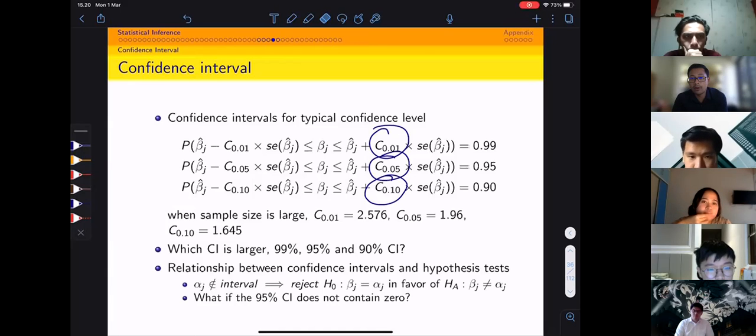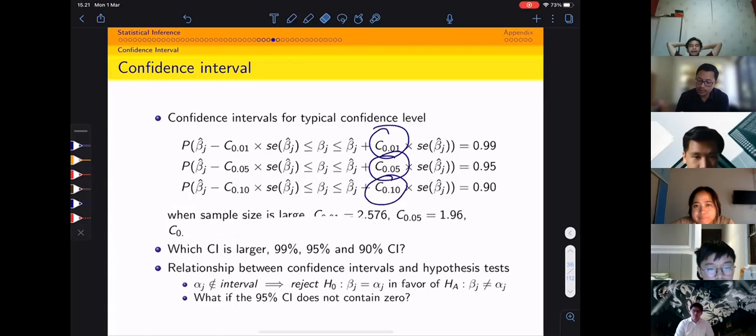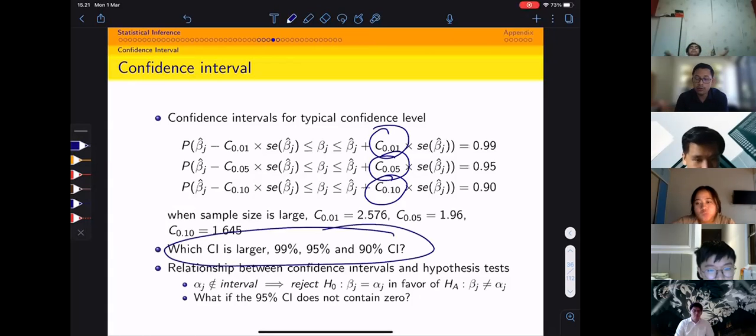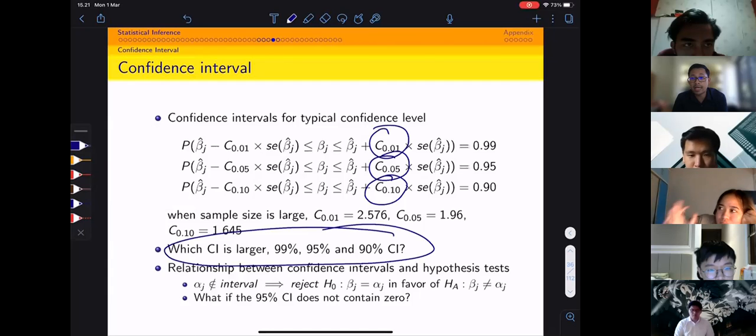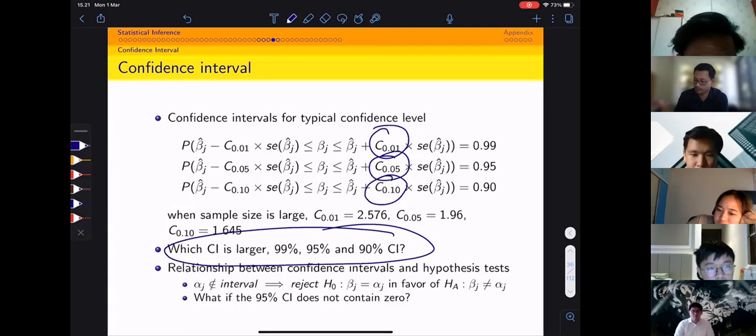Okay, now the question is, given the same estimates, the same standard error, and the same sample size, which confidence interval is going to be larger, or wider? Is it the 99%, the 95%, or the 90%?